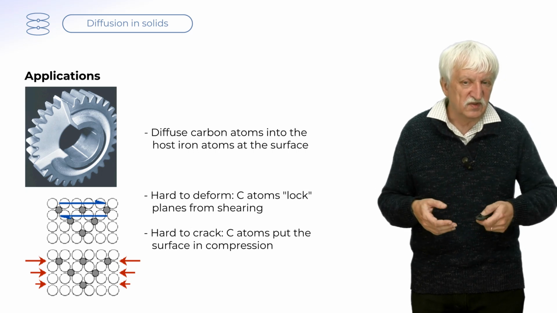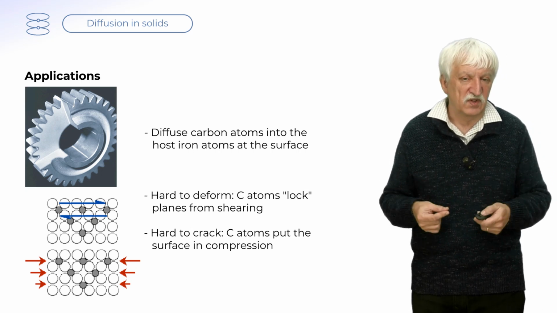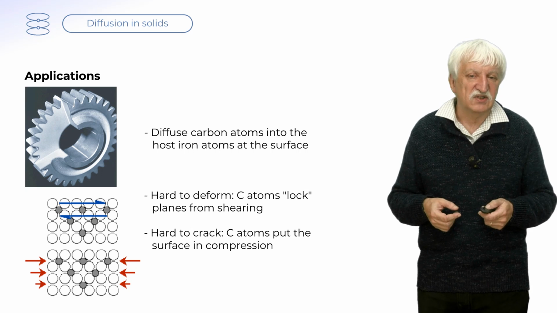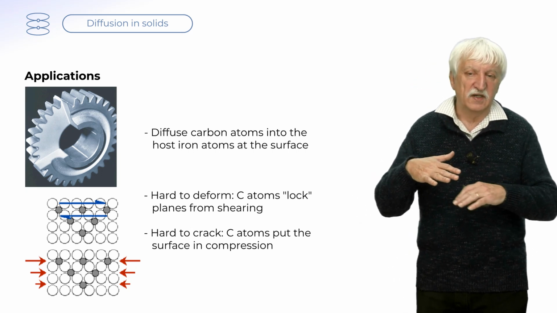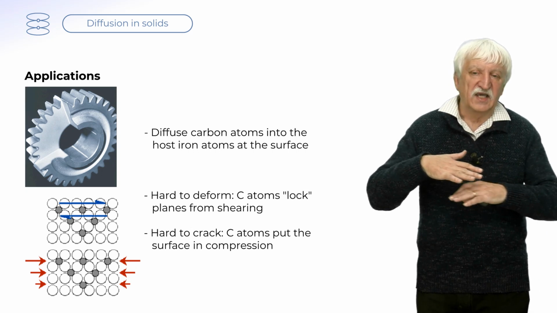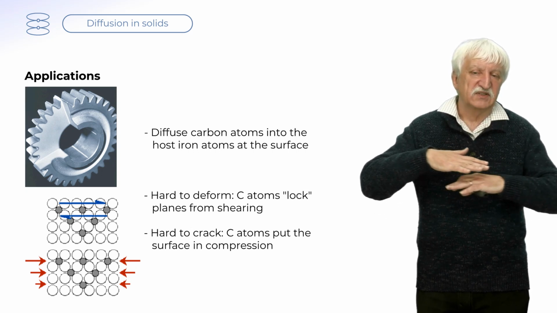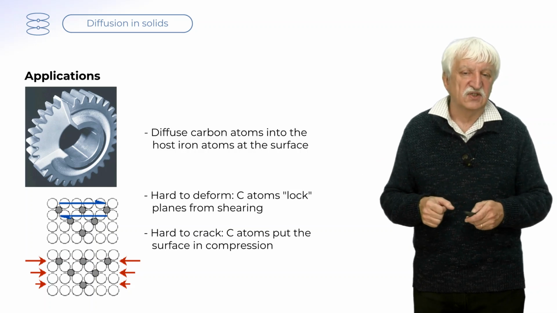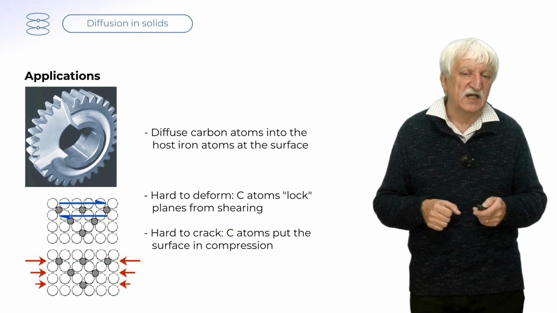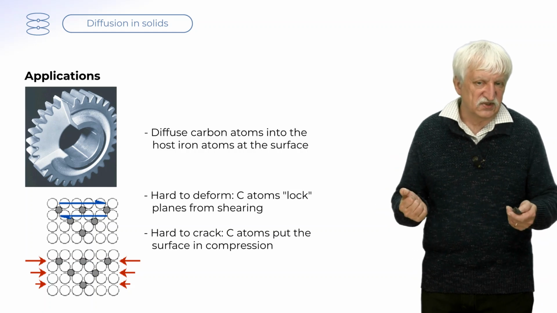First of all, it will be hard to deform, since carbon atoms block the planes of iron from movement with respect to each other. That's the first. And the second, it will be hard to crack the structure.